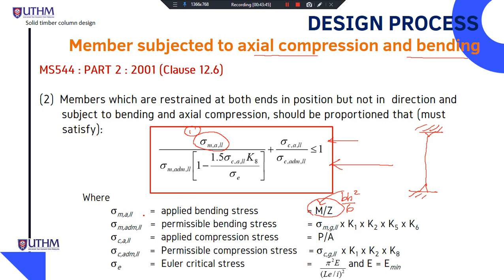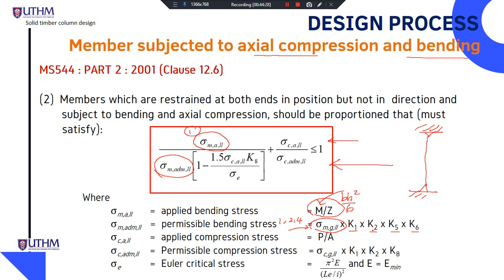Next is to calculate the permissible bending stress, where our permissible bending stress is bending parallel to grain from table 1, 2 or 4, multiplied by K1 duration of loading, multiplied by K2 load sharing system, multiplied by the form factor, and multiplied by the depth factor K6 and also K5.